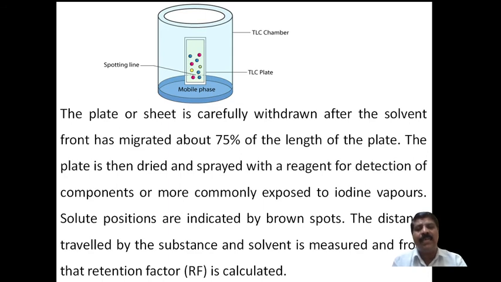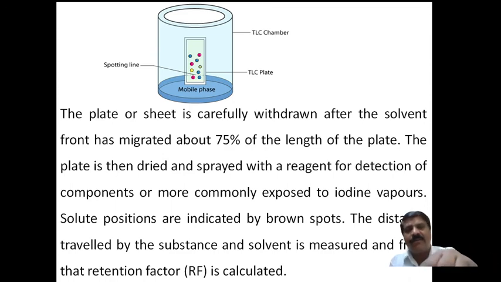TLC means thin layer chromatography plate, and the spots migrate straight up. The number of constituent compounds present in a single mixture can be separated based on the differential method, and they give spots.